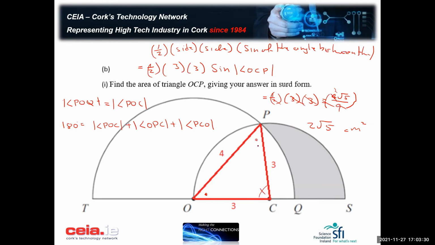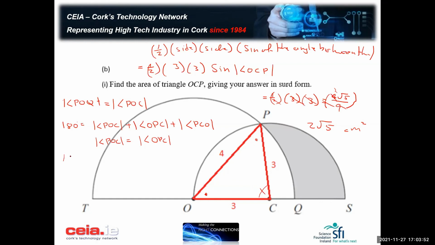We can tell from the diagram that angle POC equals angle OPC, because they're base angles of an isosceles triangle. See the 3 and the 3 there? That is why I drew the same symbol, this dot here and this dot here.